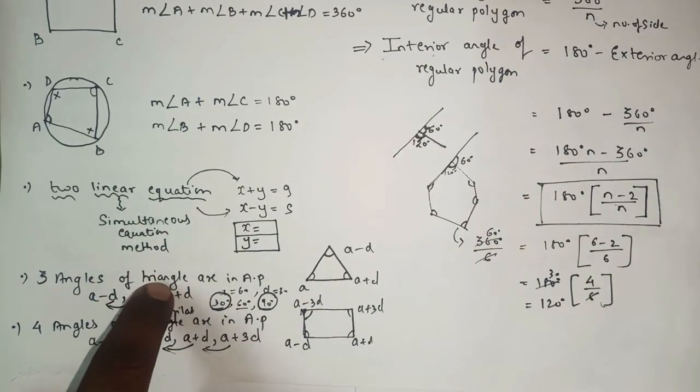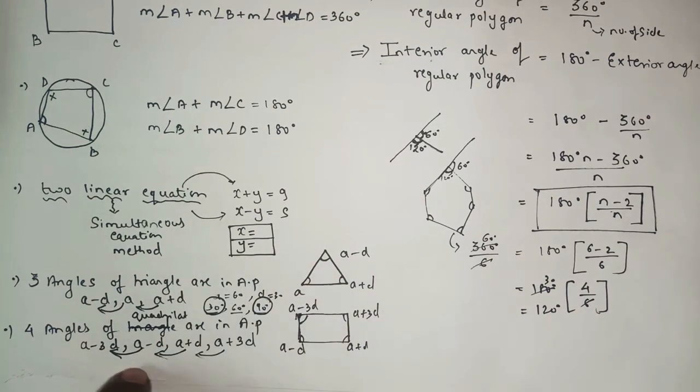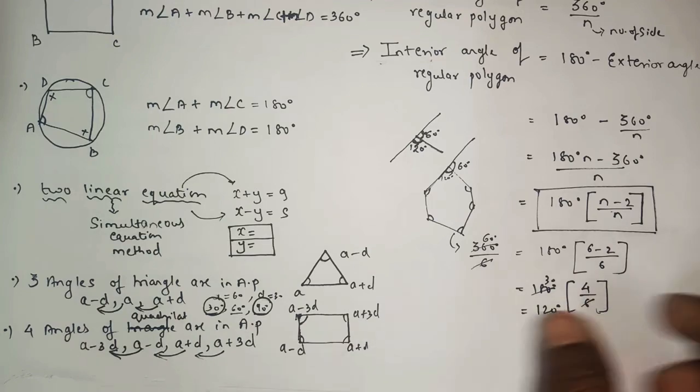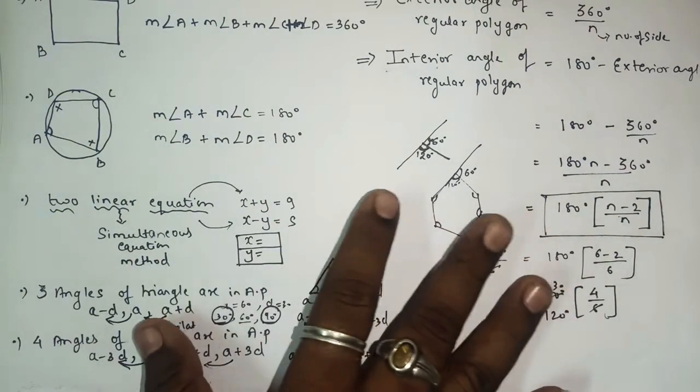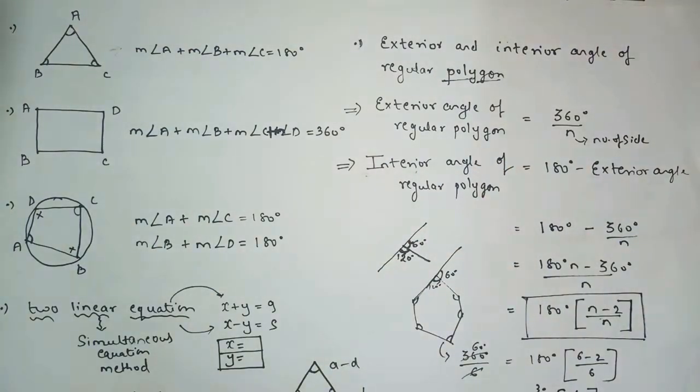In the last video lecture we saw one sum when the angles of the triangle are in AP. Now we took one sum when the four angles of the quadrilateral are in AP, how to find our answer.